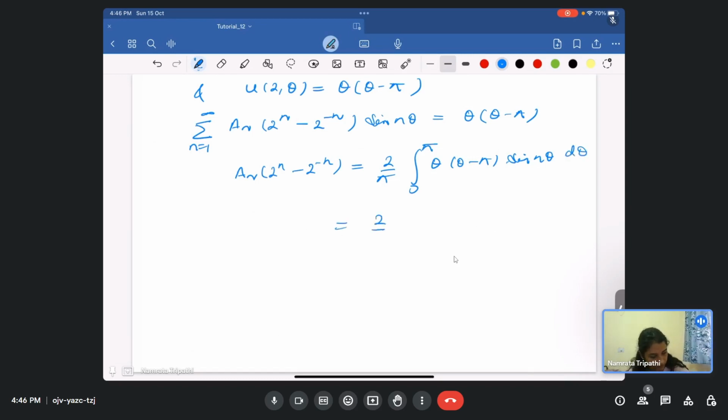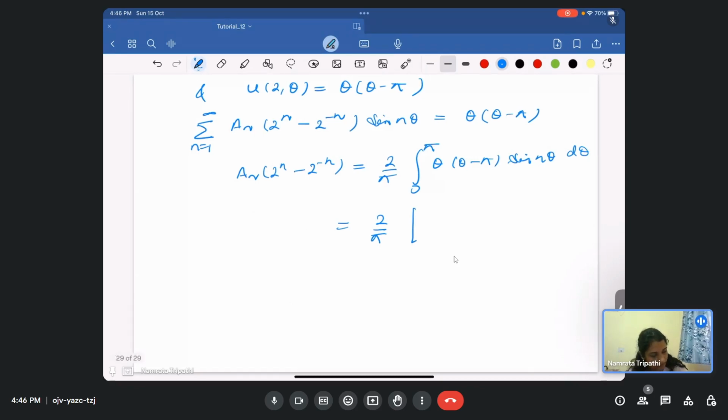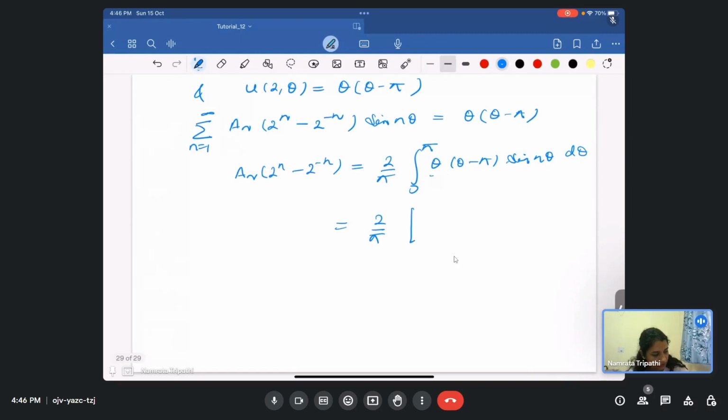So after integrating and substituting π and 0, you will get the first term 0, second term, and third term you will get cos nθ upon n cubed.